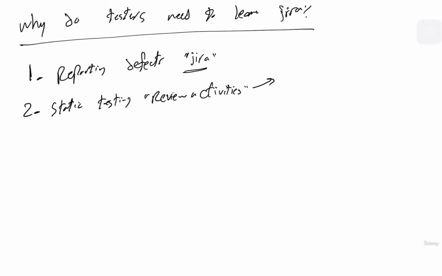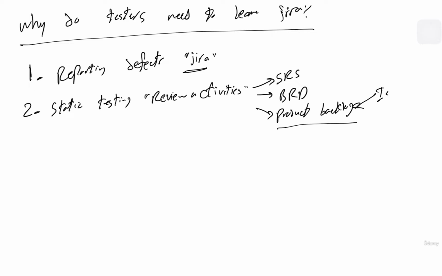And the requirements come in many forms, like the BRD, which is the business requirements document, the SRS, which is the software requirements specification, and also we have the product backlog. So we might ask you, we need you as a tester to review the product backlog. Okay, you need to review the user stories and apply the INVEST technique on those user stories. In this case, you should be able to use the tool. No one will teach you how to use it.